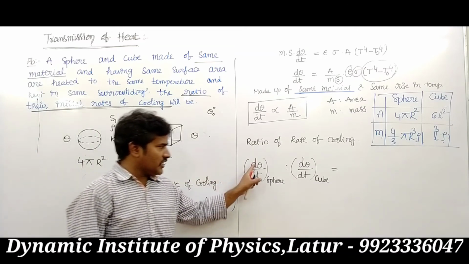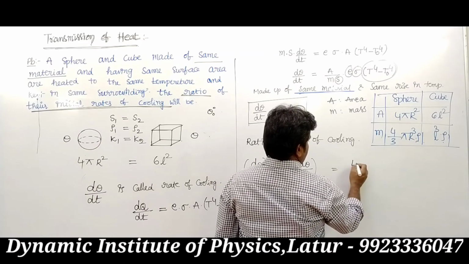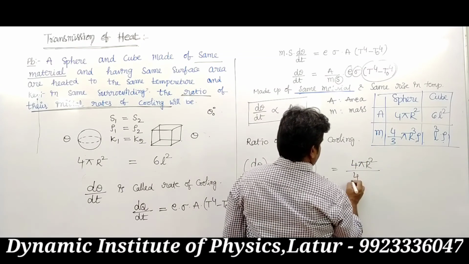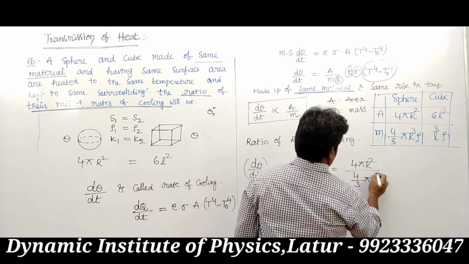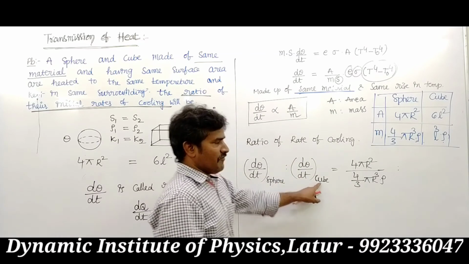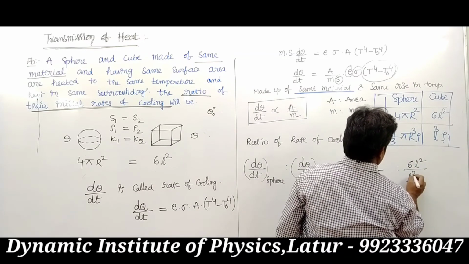So d theta by dt is proportional to A upon m. For the sphere it is 4 pi r square upon 4 by 3 pi r cube into density, and for the cube it is 6 l square upon l cube into density.